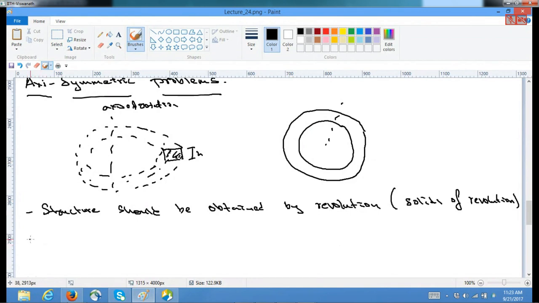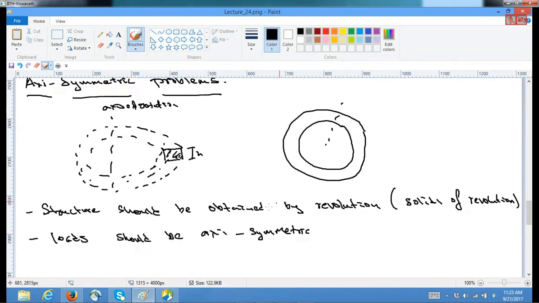The second criterion is that the loads should also be axisymmetric. Axisymmetric means it should be independent of theta.